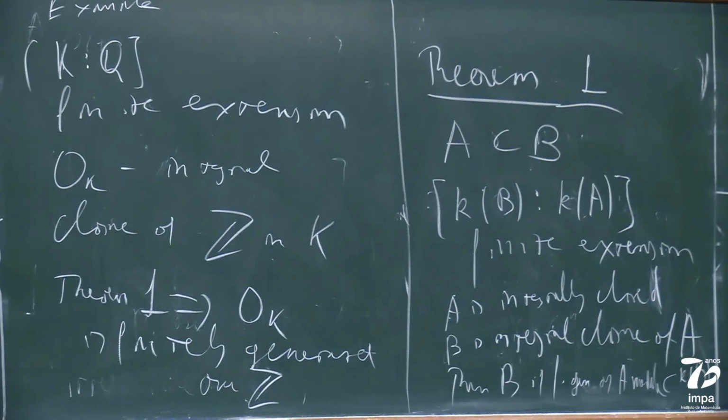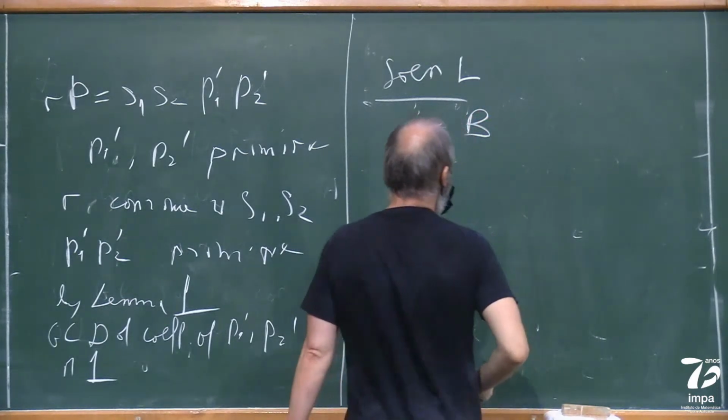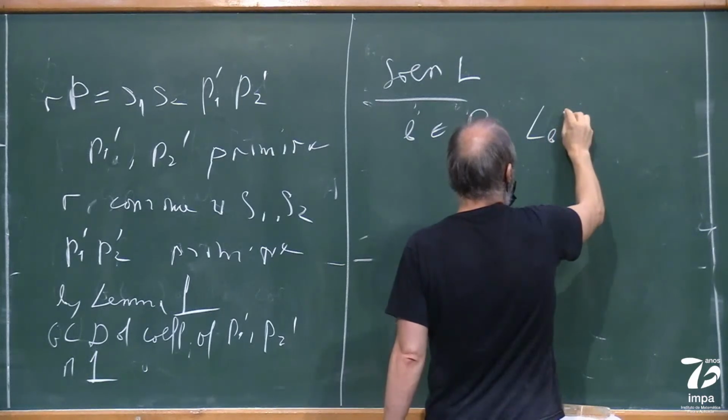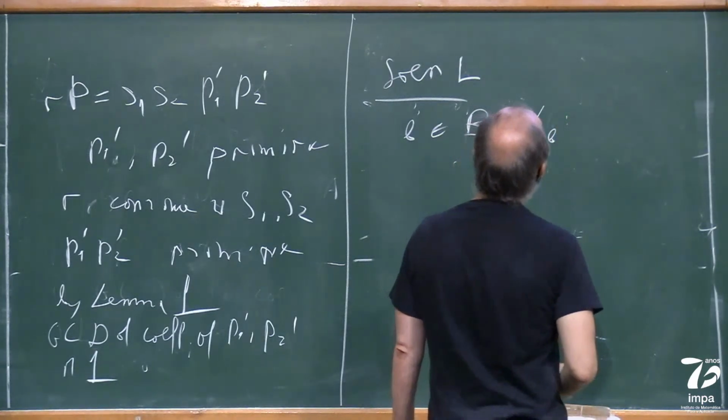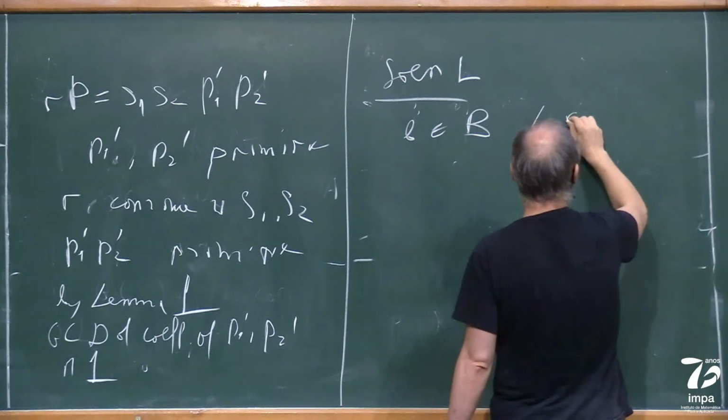Okay, so let's start the proof. Step 1. We have b inside B, and we define L_b, a multiplication map.